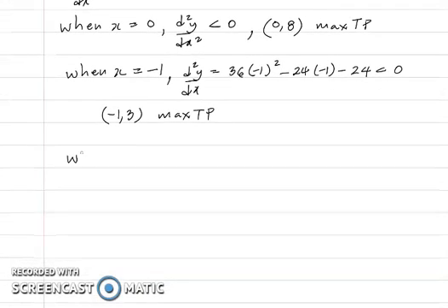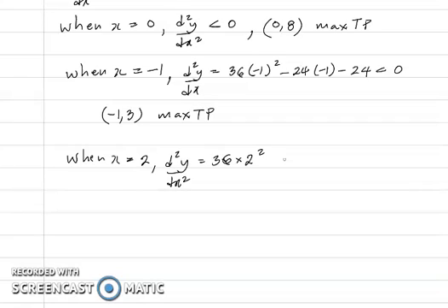Now, when x is equal to 2, d2y by dx squared would be equal to 36 times 2 squared, minus 24 times 2, minus 24. So if you work this out, I'm sure it's going to come out to be positive, which is greater than 0.